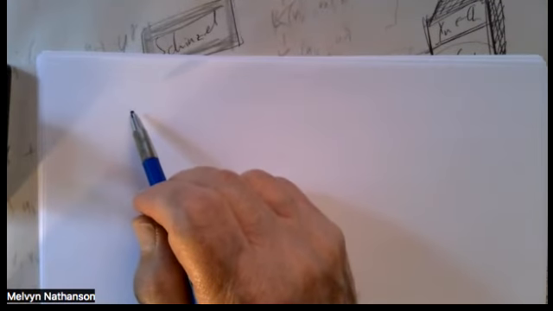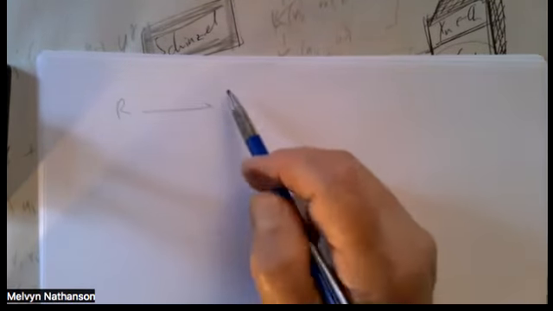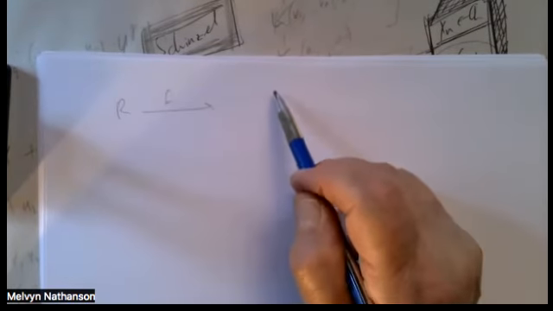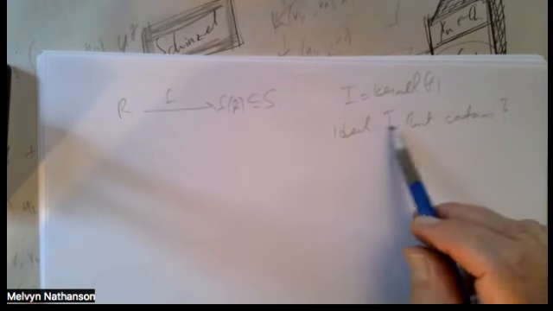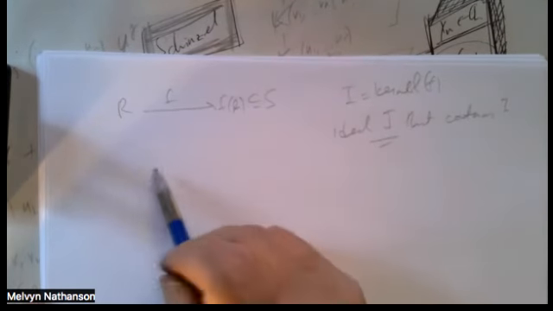Now, in the notes, I prove a somewhat more general version of this. Again, we have a ring R, a function into some ring S. The image is contained in S. I have I equal to the kernel of F. And I take an ideal J that contains I. So I is contained in the ideal J, but J is an ideal.